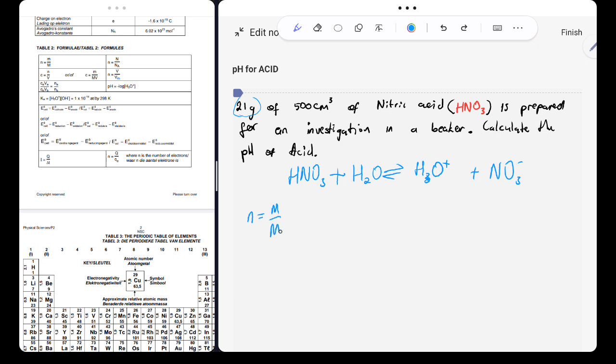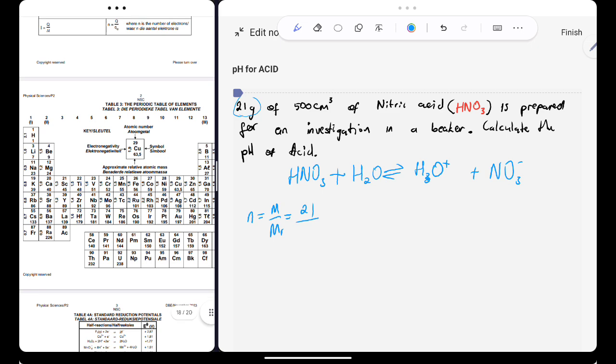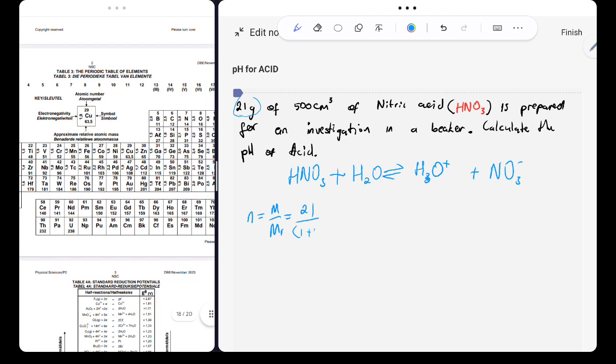The number of moles is 21 over the molar mass of nitric acid: 1 for hydrogen, 14 for nitrogen, and 16 multiplied by 3 for oxygen.